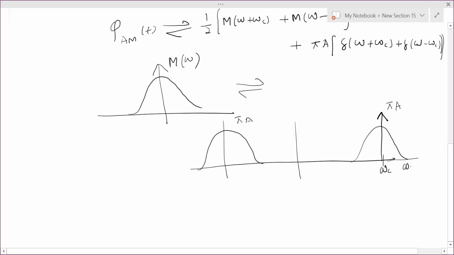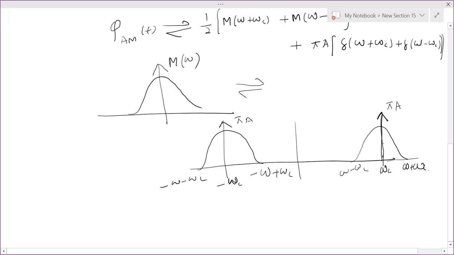This is omega plus omega c, this is omega minus omega c, this is minus omega c. So what is extra here is there is an impulse.